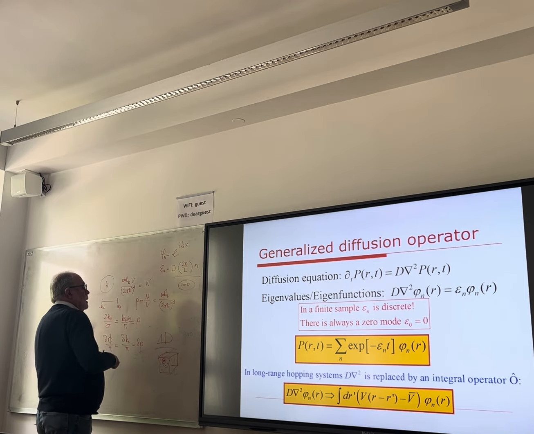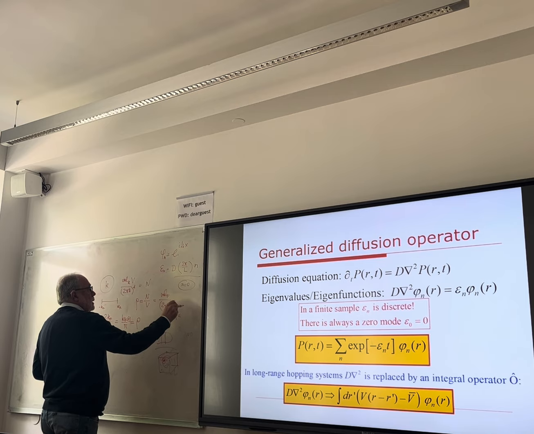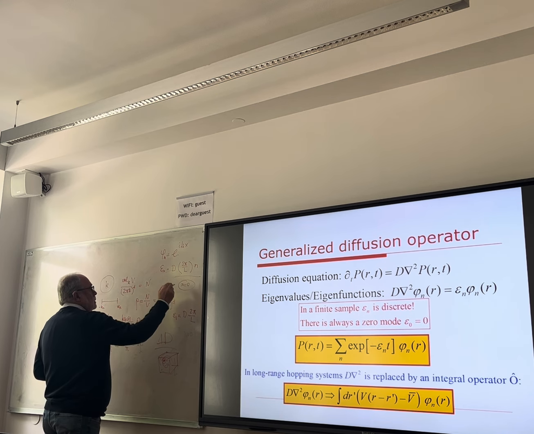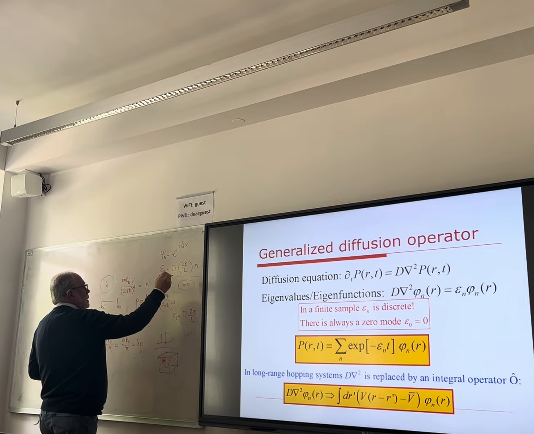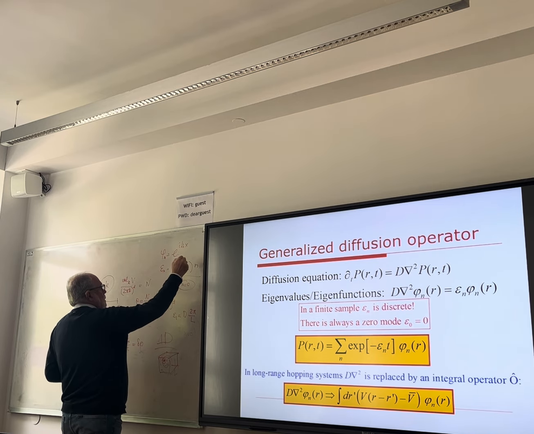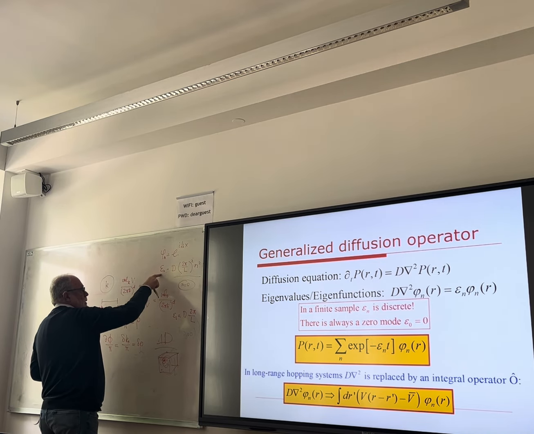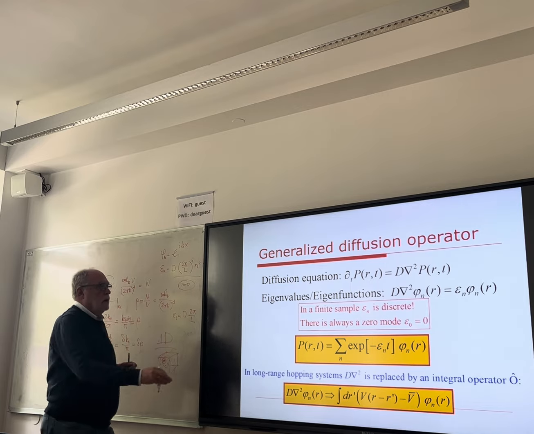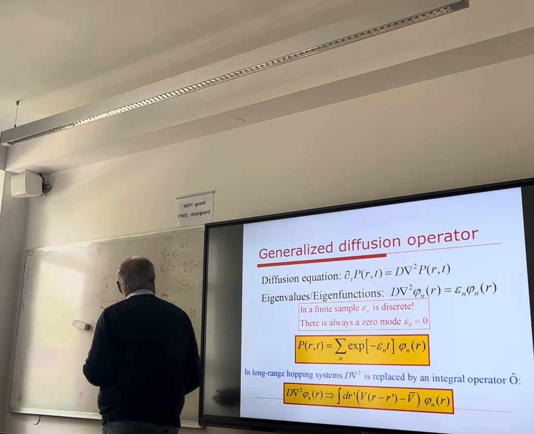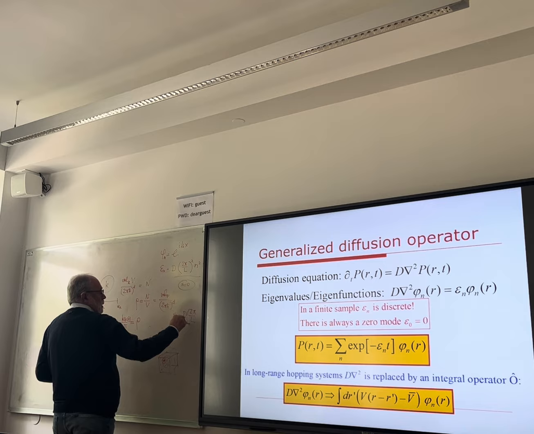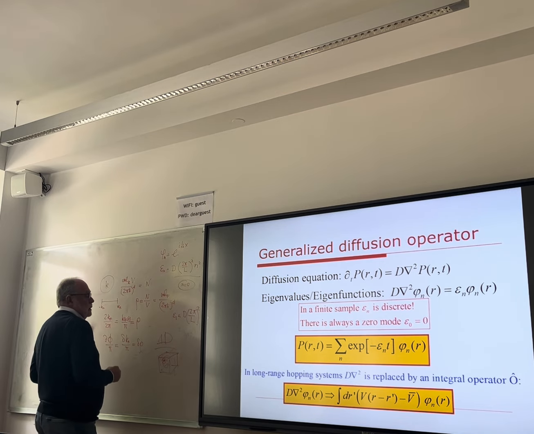And the first mode is epsilon 1 equal to D times 2 pi by L. No, there is k squared, because here it is k, and in epsilon there is k squared because of this. And so the first mode is this.